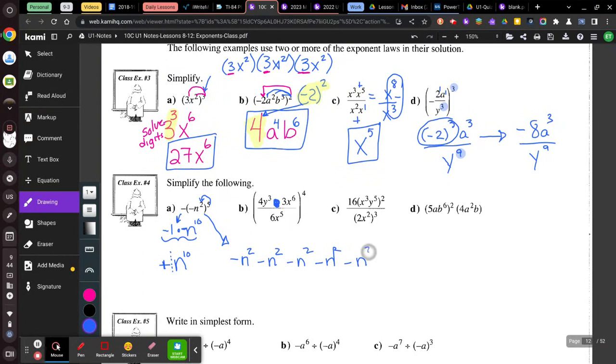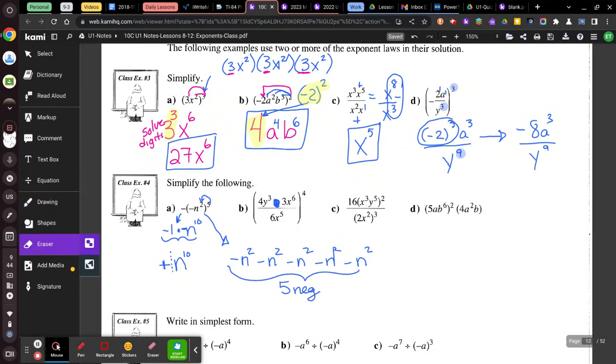Negative n squared. So if I write that out 5 times, which I did, how many negative signs do you have? 5. So this guy gives you 5 negatives. So since you have 5 negatives, that makes this guy a negative n. So this guy here is going to be negative n to the 10.